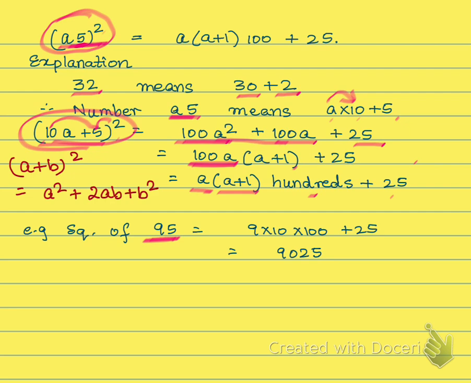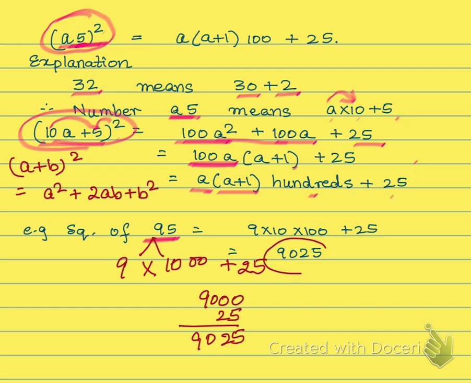So 9 into (9 plus 1) is 10. So 9 times 10 times 100 plus 25. So what do you get over here? 9,000 plus 25, which is 9025, which is exactly the answer that we've got here.